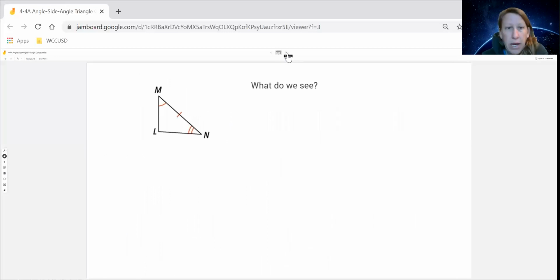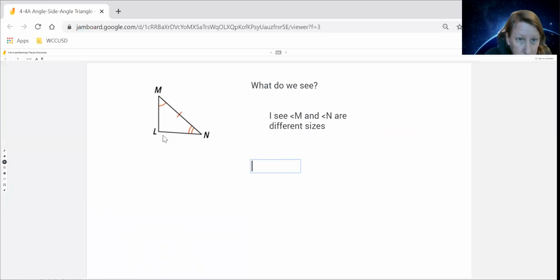So let's take a step back. Here's a triangle. What do we see? Whenever you have a figure, that's the first question you want to ask. I see angle M and angle N are different sizes. What kind of triangle do we think it is? Do we think it's obtuse or scalene? What about angle L or right?